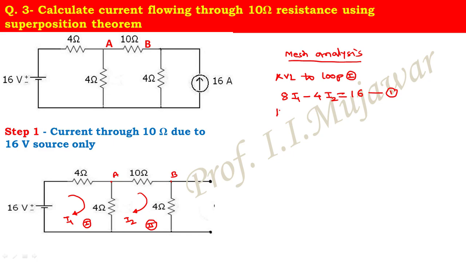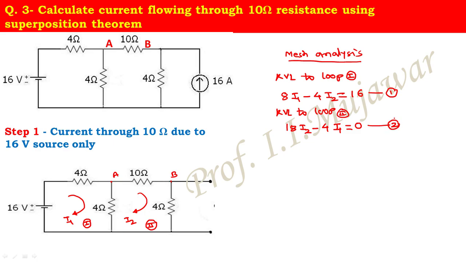Similarly, I will apply the KVL to loop 2. Now in the loop 2, self resistance is 4 plus 4 plus 10, that is 18I2, minus mutual resistance 4I1, and in the second loop, since there is no source, that is equal to 0.